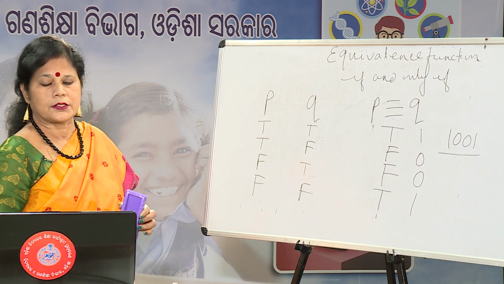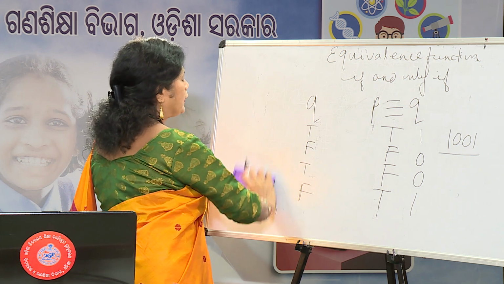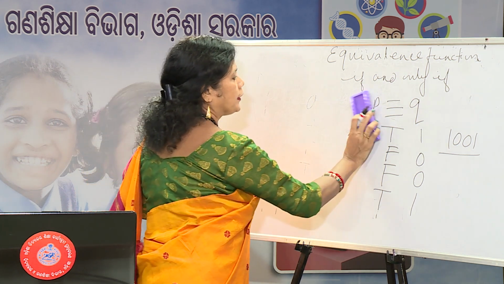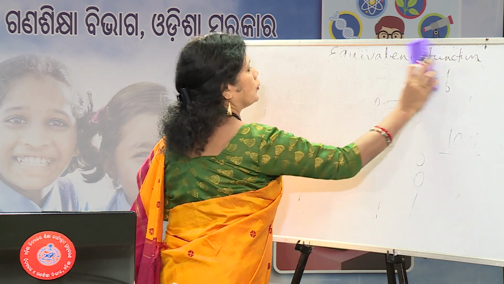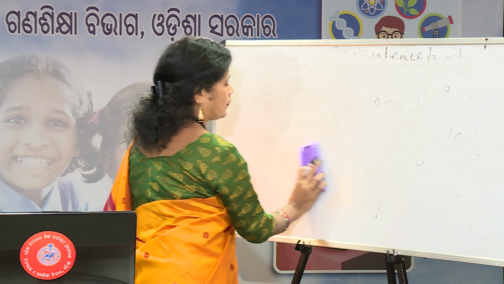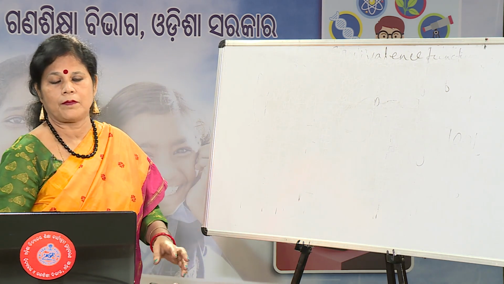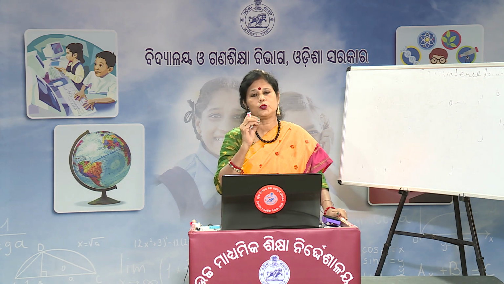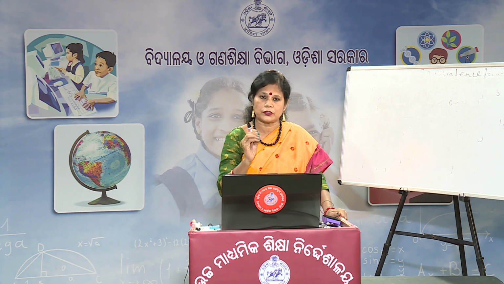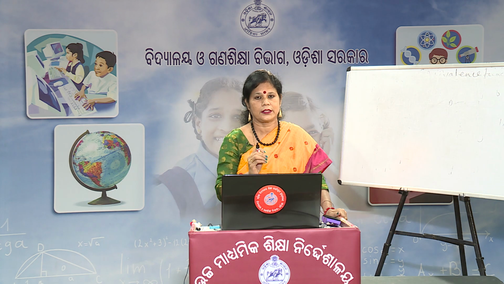Okay, so now we will discuss what is a tautology, what is contradictory, what is contingent formula. If the truth function is always true, then it is called tautology.